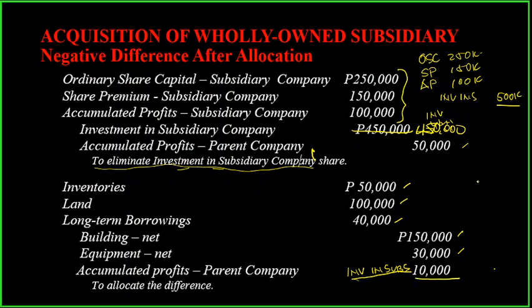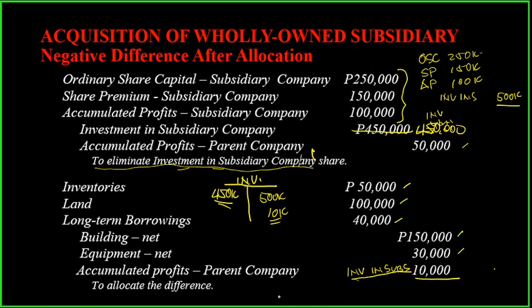If you look at the T accounts, in your parent, you have a debit to investment in subsidiary which is 450,000. We're going to eliminate this. In the process of elimination, we credited 500 and we also credited 10,000 pesos. So, it's not yet fully eliminated. It went negative. It should be zero.